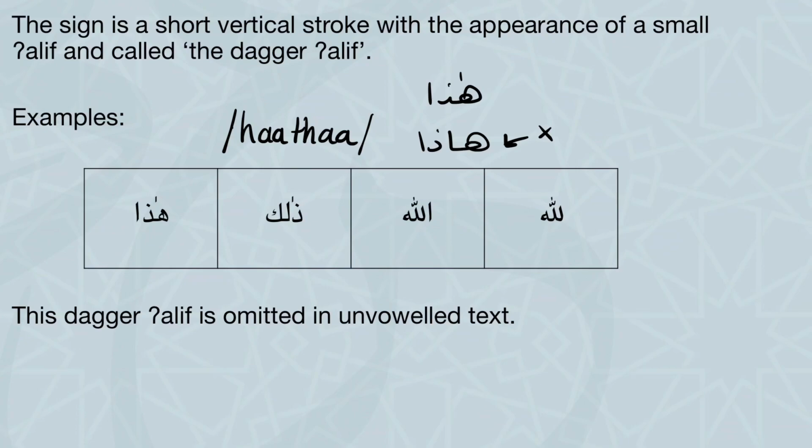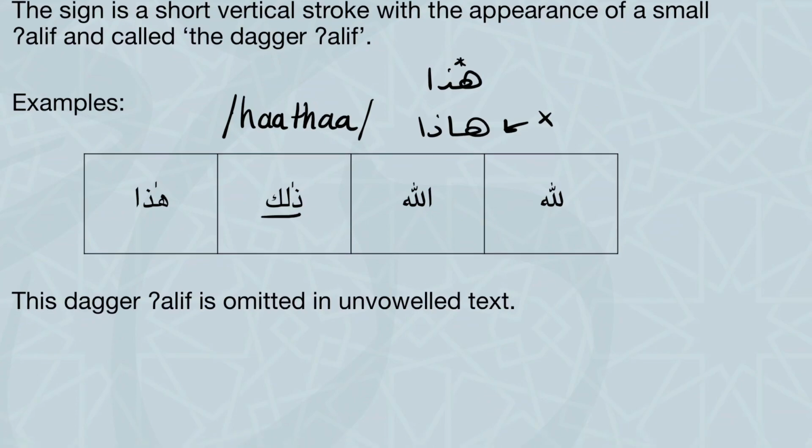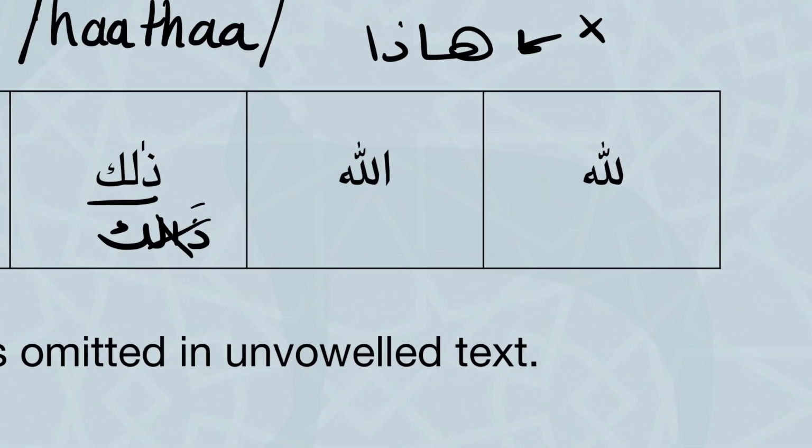Unfortunately, this symbol would not be written in unvowelled text, but these are very common words that you can just learn and remember as is. The other word is dhalika. If I were to transliterate it as I pronounce it, I would write it like this, because there's a fatha and it's a long vowel. But of course, this is wrong. This one is very common, and you've seen it.